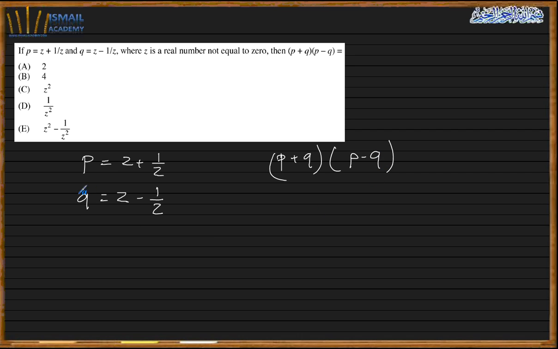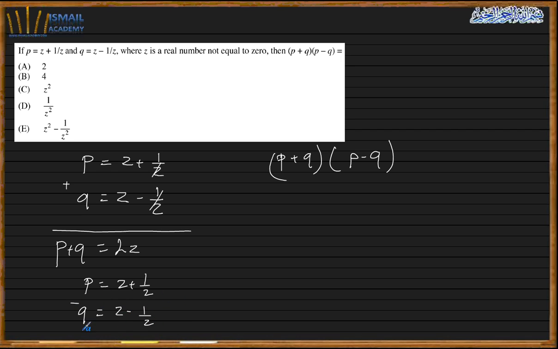So let me find out what P plus Q is first. P plus Q, so I have 2z, the 1 over z terms cancel out. And what about P minus Q? P equals z plus 1 over z, Q equals z minus 1 over z.